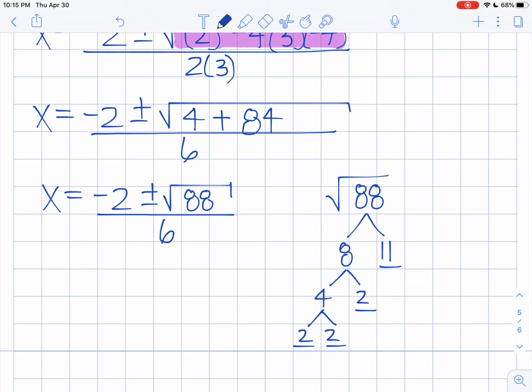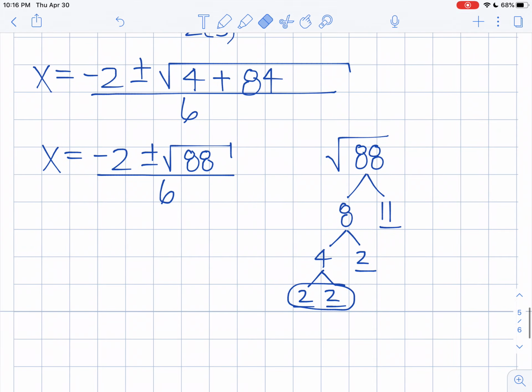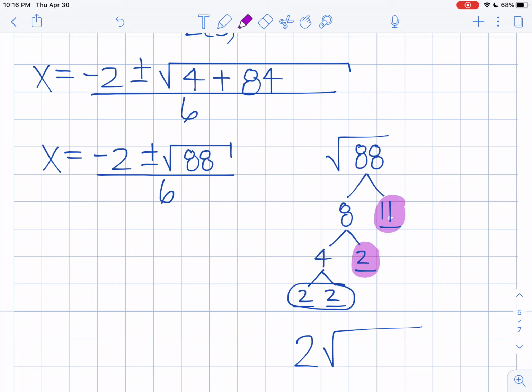I have to say, all right, I want to know if I have pairs of numbers. So here I have a pair of 2's, and wherever I have a pair of numbers that can come outside of my square root. So I'm going to say this simplifies to 2. This 2 right here and this 11 right here, they don't have any pairs. They don't have any matches.